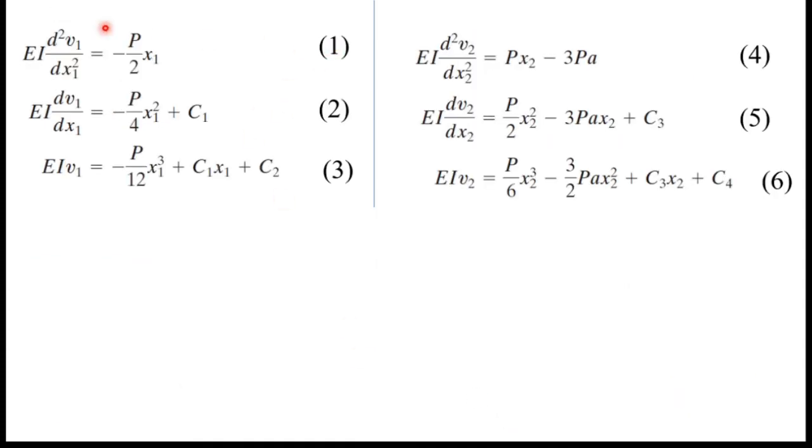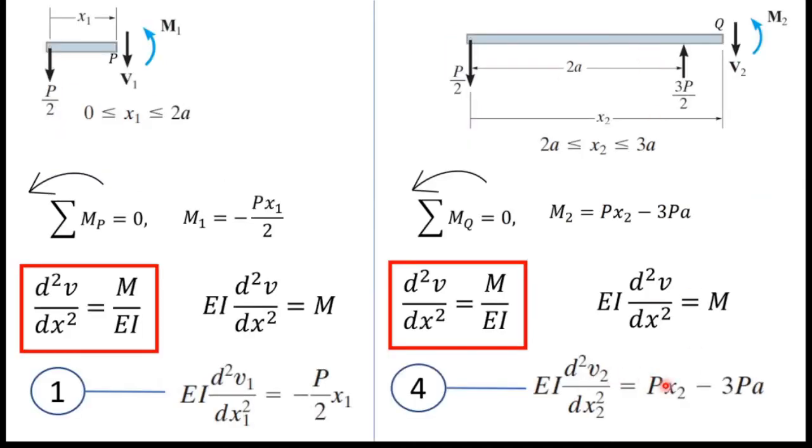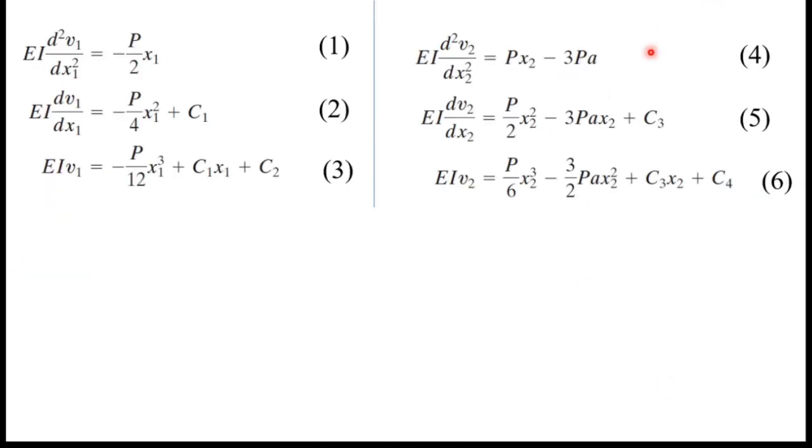You can see equation 1 here. Next I integrated equation 1, so I will have equation 2. This is the integration of equation 1. Next I will again integrate equation 2, then I will have equation 3. You can see equation 4 here, which I showed you before. I integrate this equation as well, so I will get equation 5.